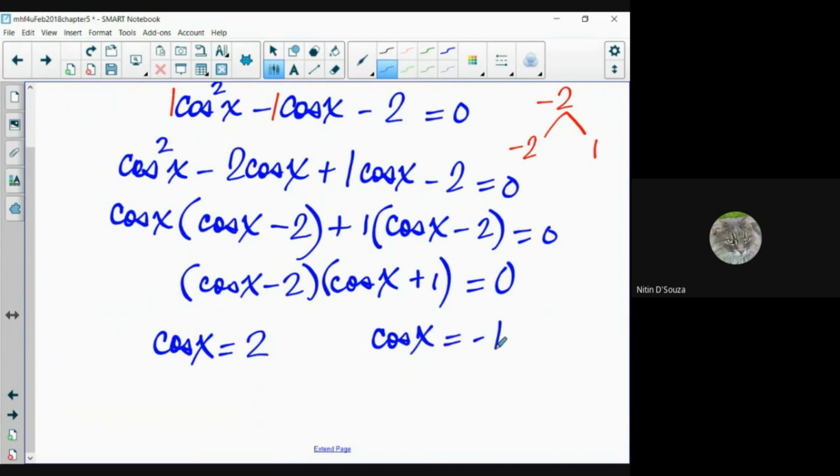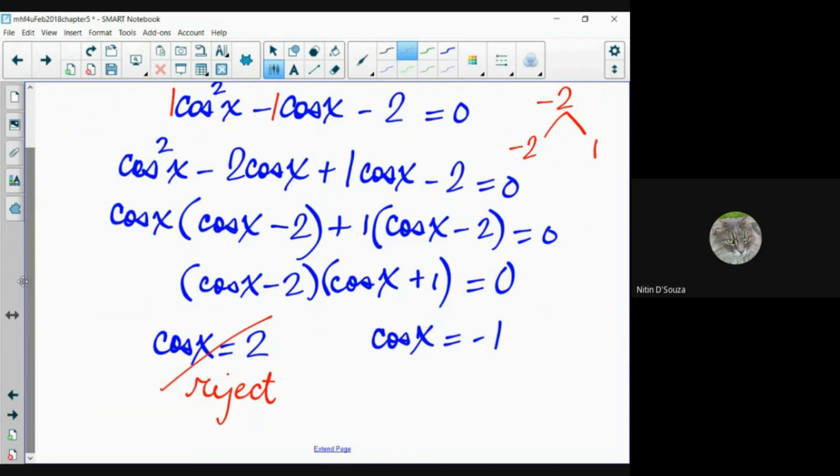Is there anywhere on that circle you have an x coordinate that is 2? Is there anywhere on that circle that the x coordinates are bigger than 1 or smaller than minus 1? Because cosine only goes from negative 1 to 1. So when you have something like this, cosine x equals 2, it's like taking the square root of a negative number.